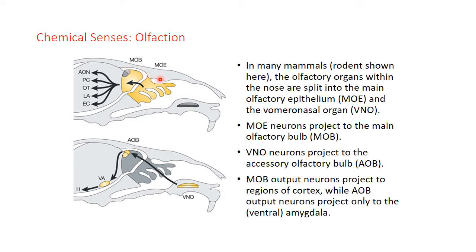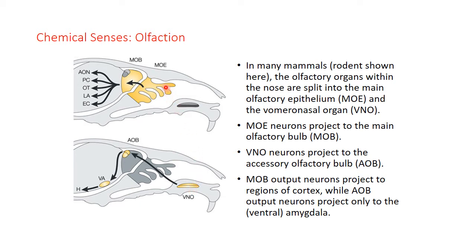When we talk about the sense of olfaction, we talk about two major organs. One is the main olfactory organ, which encompasses the main olfactory epithelium, and in many animals the vomeronasal organ, also known as the accessory olfactory epithelium.